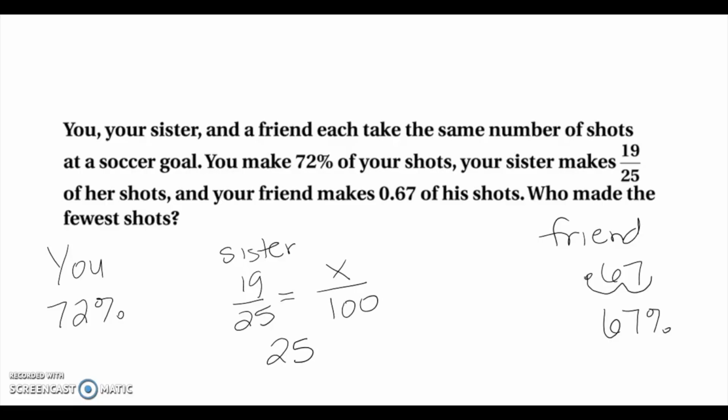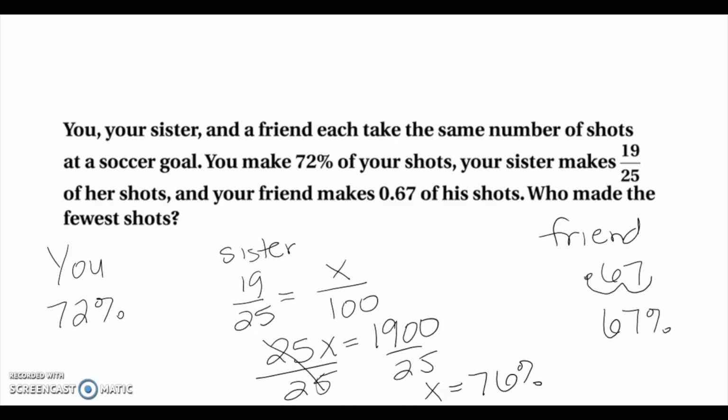So we have 25x equals 1900. We divide by 25, and when we divide by 25, we get 76%. So you actually have the highest percentage of shots made. Your friend is the one who made the fewest number of shots.